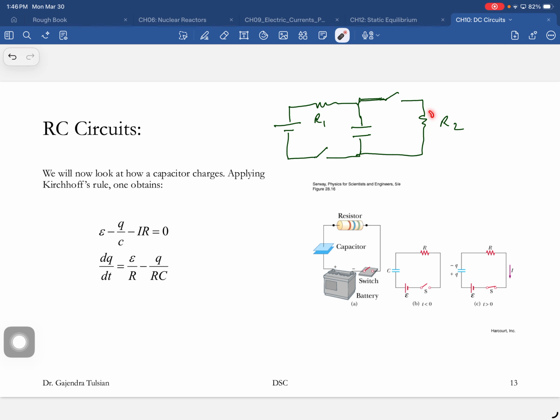You need to discharge more often. How do you discharge more often? If you reduce the time constant, if you reduce the resistance in the circuit, then you can discharge it more often.